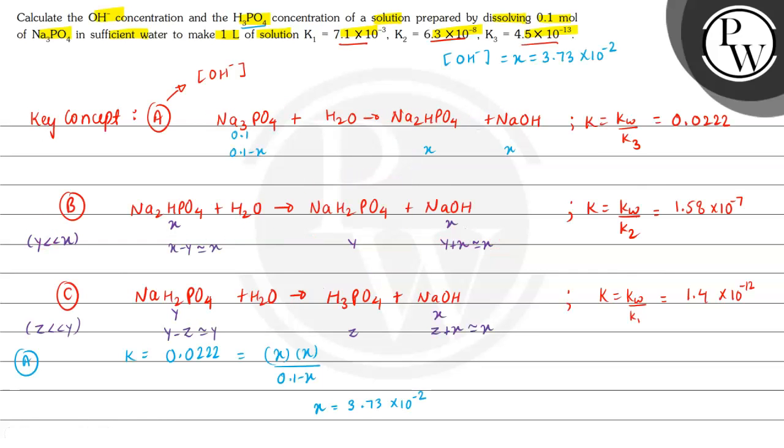That means in this case the H3PO4 concentration is equal to Z, which is 5.93 multiplied by 10 raised to power minus 18.